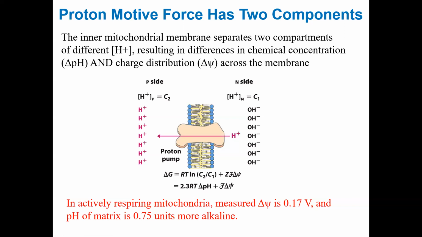If you measure the voltage across the actively respiring mitochondria, delta psi is about 0.17 volt, 170 millivolt approximately. And the pH of the matrix is about 3/4 of a unit more alkaline, okay? So the N side. So it is true, you can measure those. So that's how the energy is stored. That's what proton motive force has, okay?